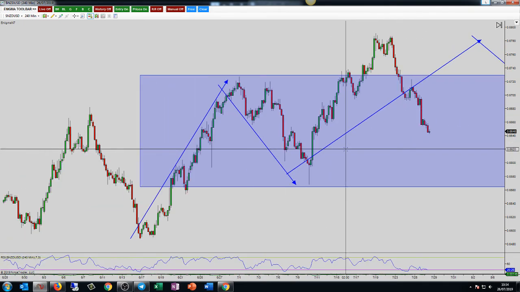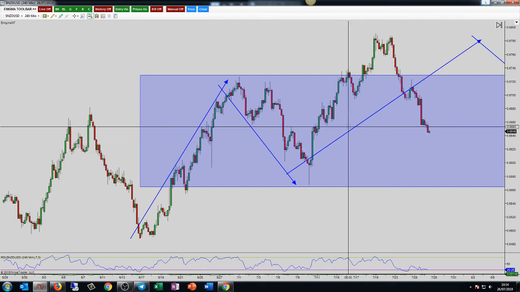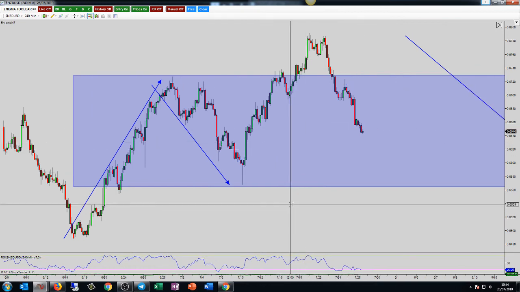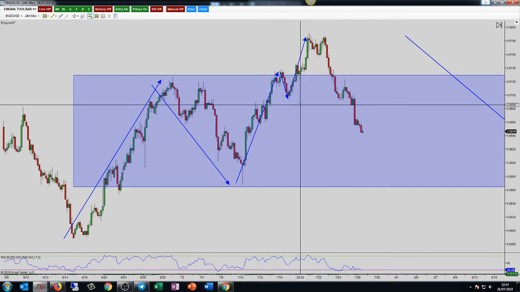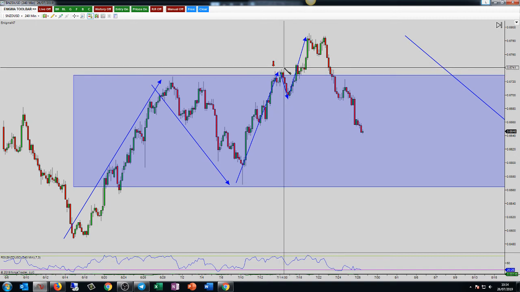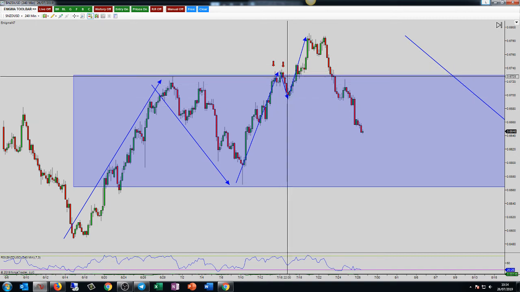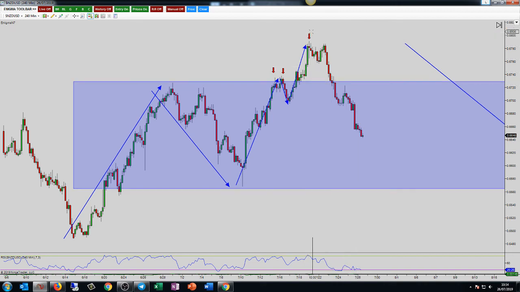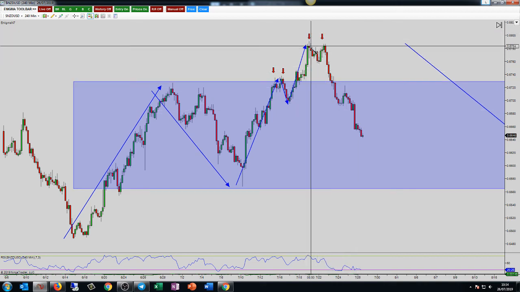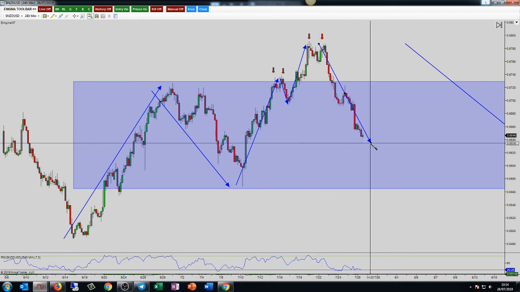Problem for me here now, guys, is if I was looking for long opportunities on the 240, we had this move to just here, a pullback, then a move higher. So we violated this area, which is where I would have looked for long opportunities. And we also double topped, which is a rotation pattern, which is an indication we're going to go the other way.